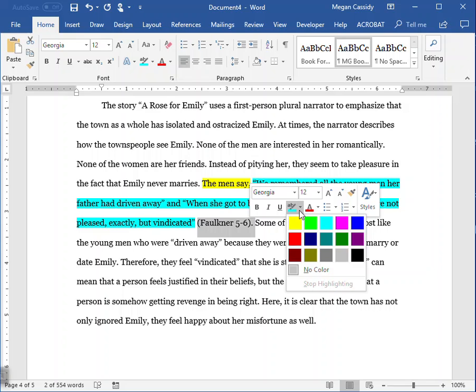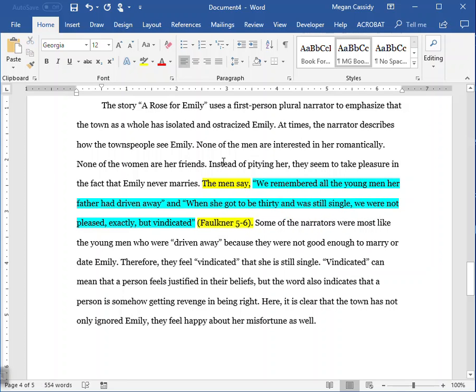And this is how you need to do your quotations. You should always introduce your quote, and then you have your quote, and then you have your citation. So other ways to start quotes are things like the author writes, or the narrator describes.